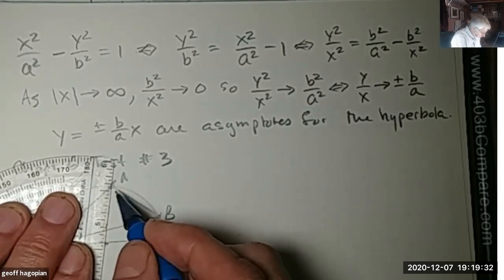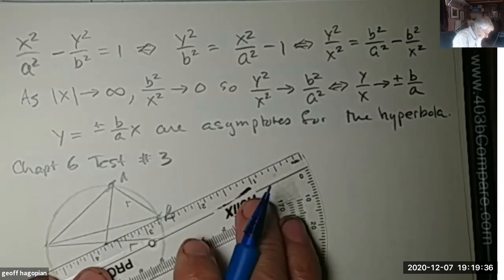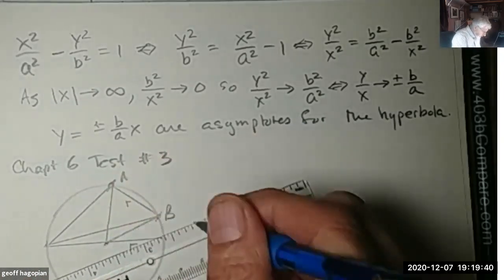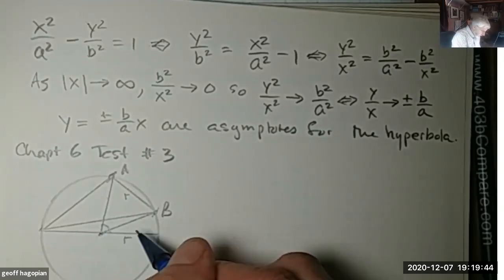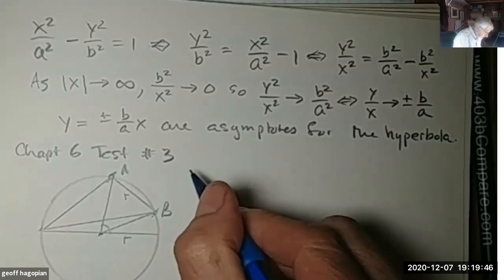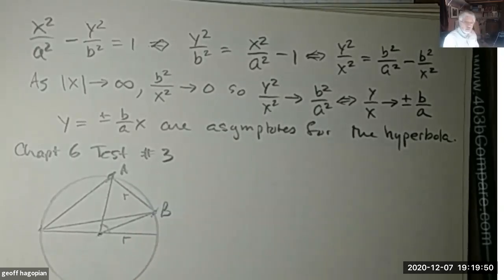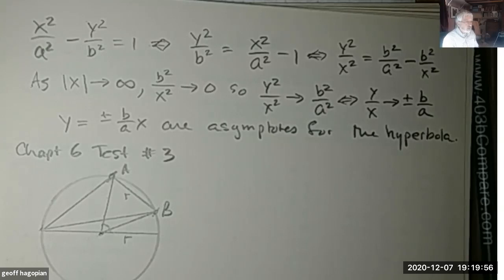The radian measure of an angle is the ratio of arc length to radius, right? But if the arc length is the radius, AB, so it's the line segment AB, right?